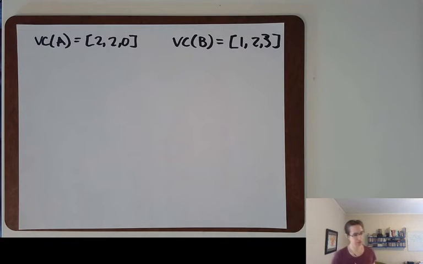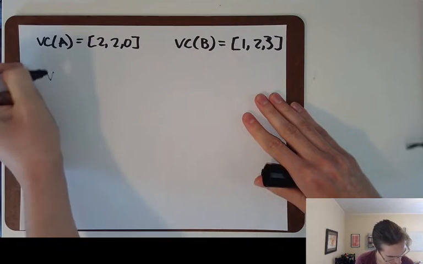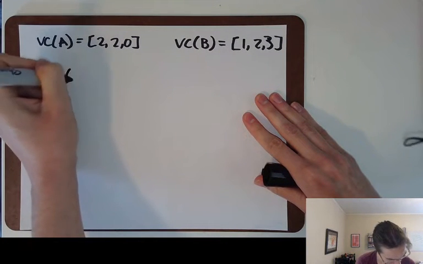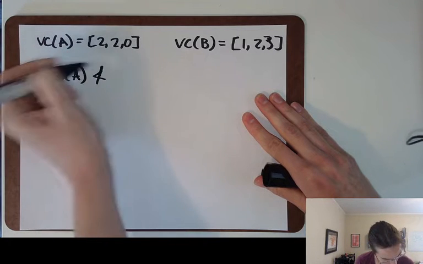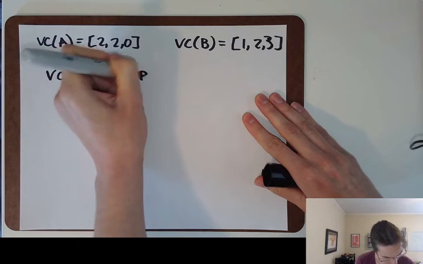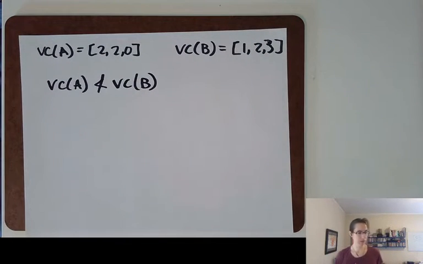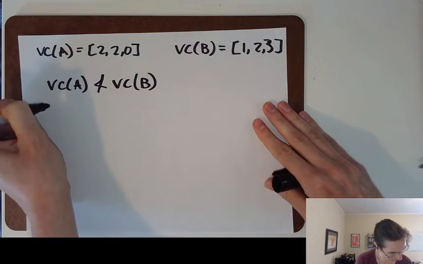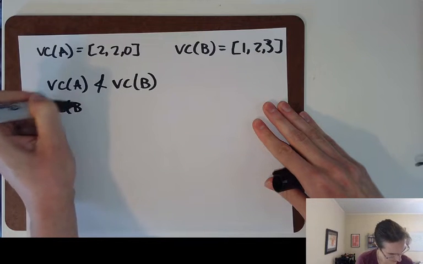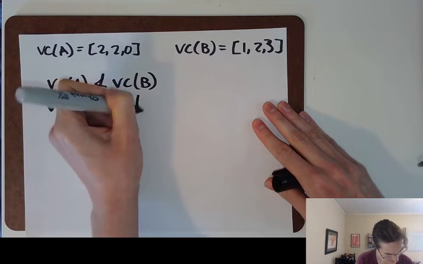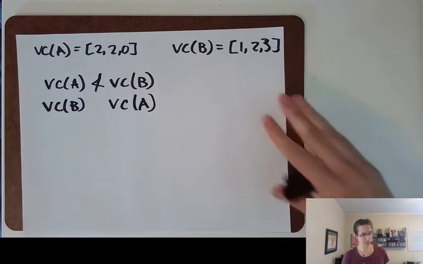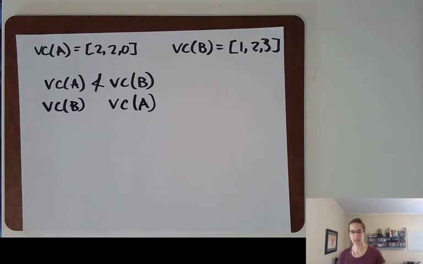This one is not. So it's not the case that the vector clock of A is less than the vector clock of B. What about the other direction? Is this true? Is the vector clock of B less than the vector clock of A? No, that's not true either.